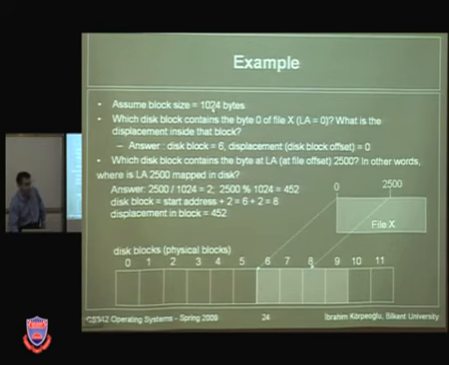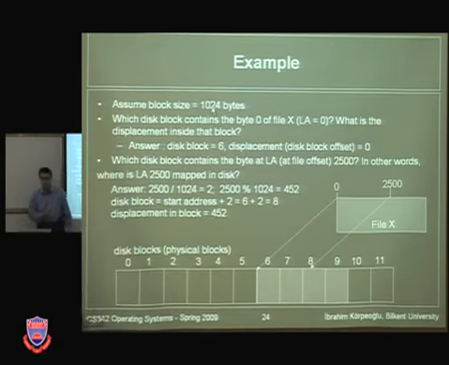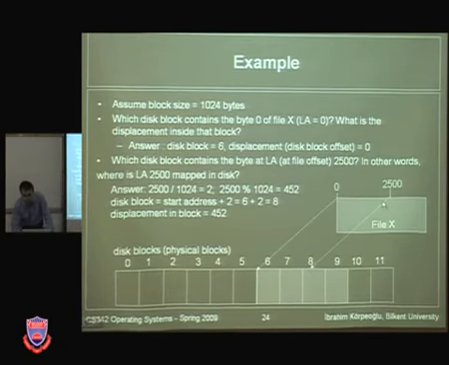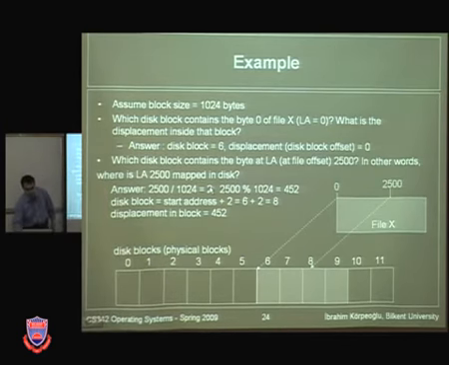Assume the block size is 1024 bytes. Each block can hold that many bytes, okay? So in order to find out in which relative block it is, you can divide the offset by the block size and obtain 2. What is 2? 2 is the relative block number where that byte is sitting.